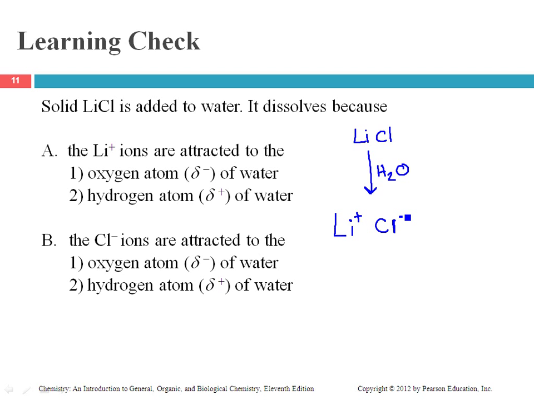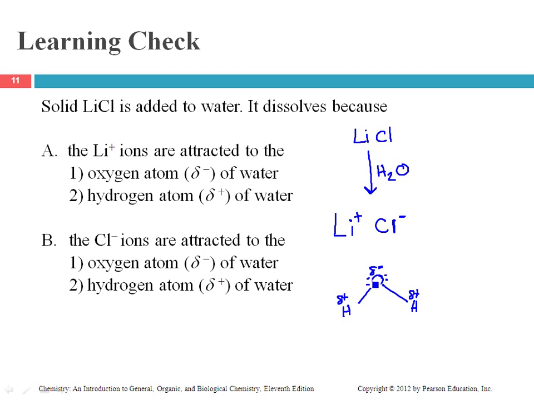It wants to gain 1 electron to be like the nearest noble gas. If we have water, we know that our oxygen is partially negative due to electronegativity. So our water looks like this. Our hydrogens are partially positive. And so this is asking us, solid lithium chloride is added to water.